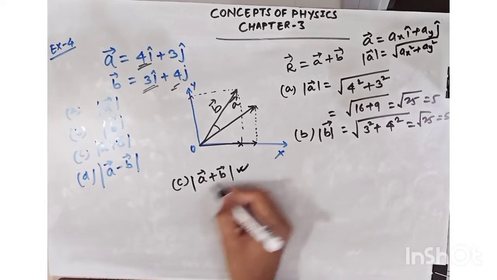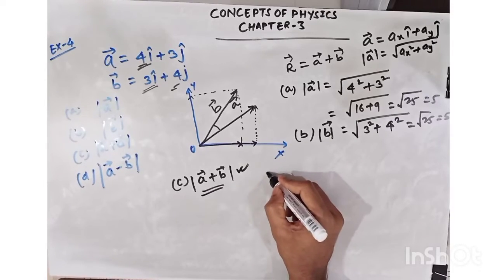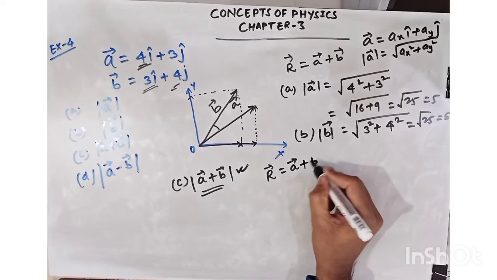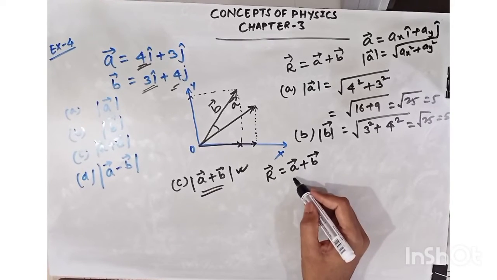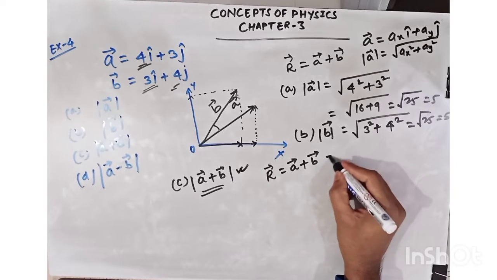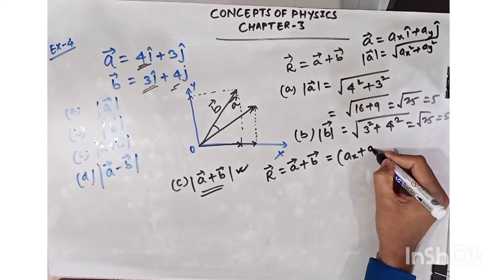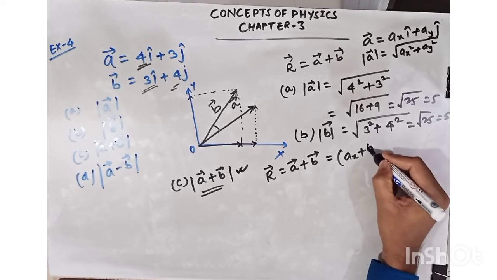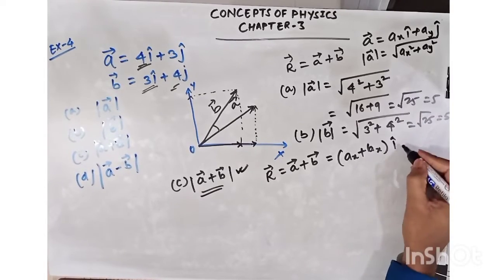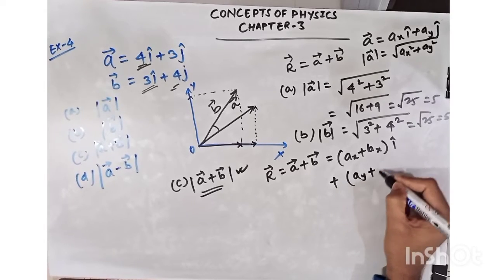we need to find it out. So first let's construct what would be the resultant vector of vectors A and B. So let me call the resultant vector R, which is the sum of vectors A and B. Okay, how can we find that? So we can add the corresponding x component of A and the corresponding x component of B, plus the y components.